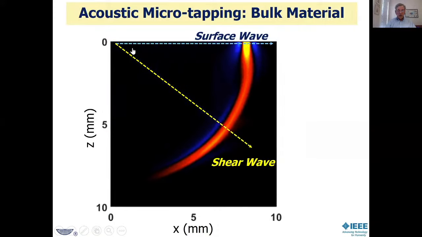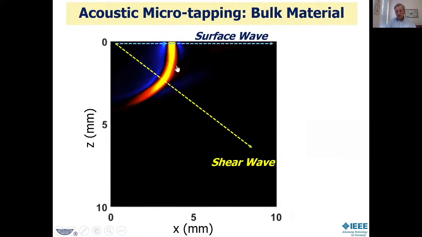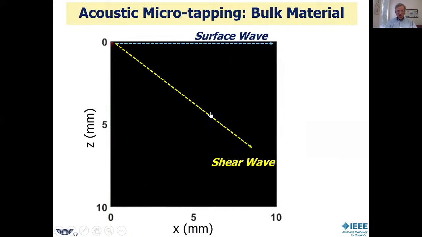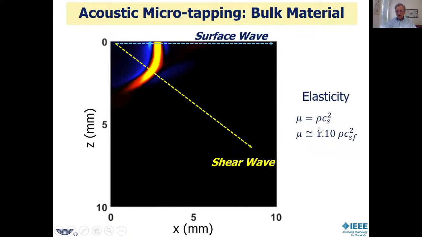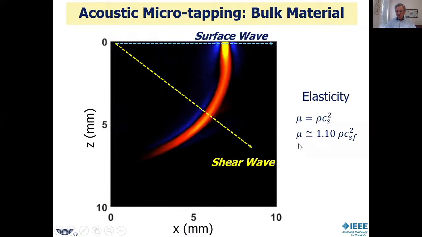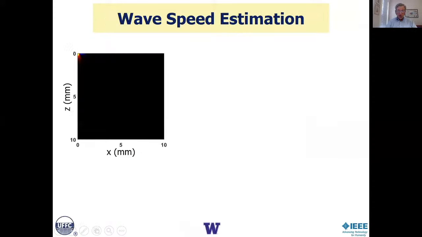It's determined by the material characteristics; primarily for incompressible material, that angle is fixed for all materials. So you have the surface wave and the shear wave. If you map these and find their wave velocities, the bulk wave we said was simply proportional to the shear modulus, but the surface wave just has a simple fixed constant, and so its speed can also be used to find the shear modulus.